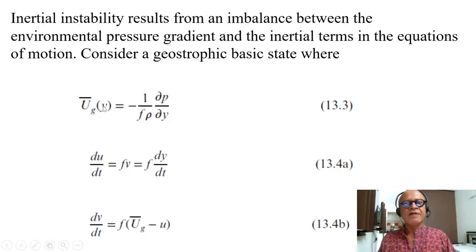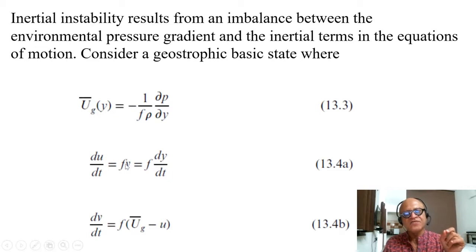So you have the background basic state as a function of y, so there is meridional shear that is maintained by the meridional pressure gradient, and du dt, in that case the perturbation from the basic state, the balanced state, can be written just in terms of the Coriolis force on the meridional perturbation.